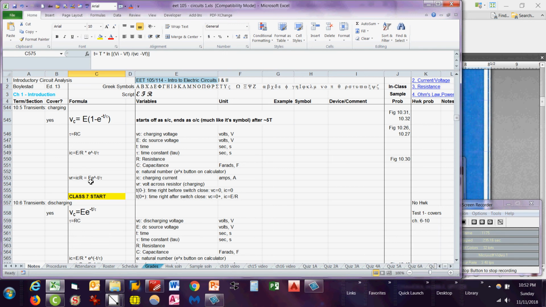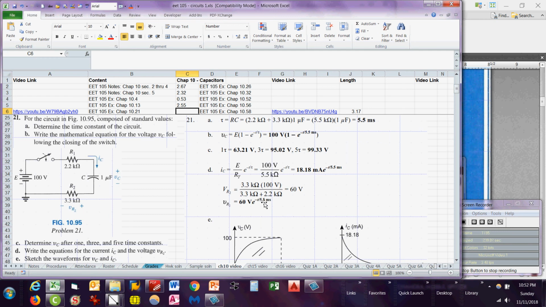This VR equals E, this equation here. It's the voltage across that resistor, normally calculated at full voltage, but then you have to use this equation here to get the full equation for discharge.